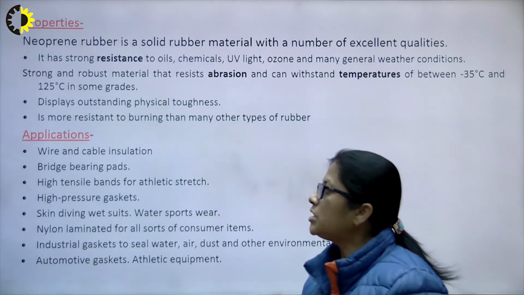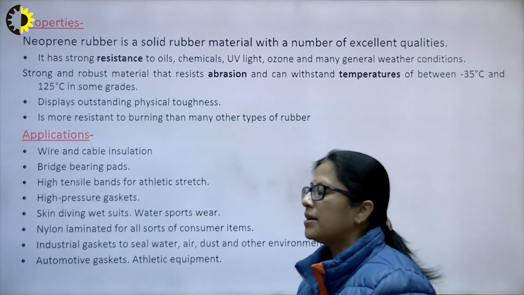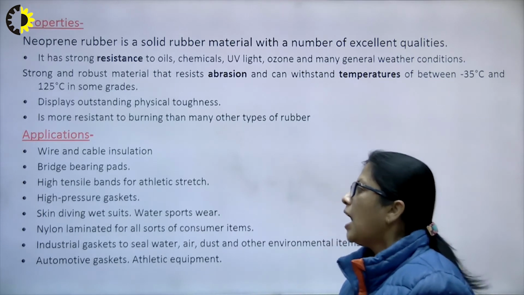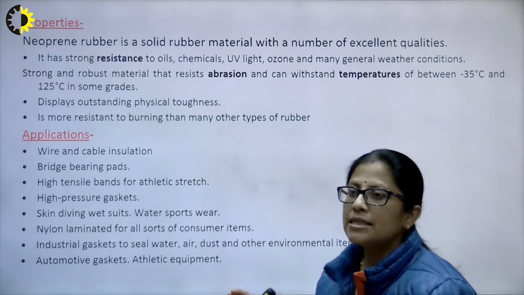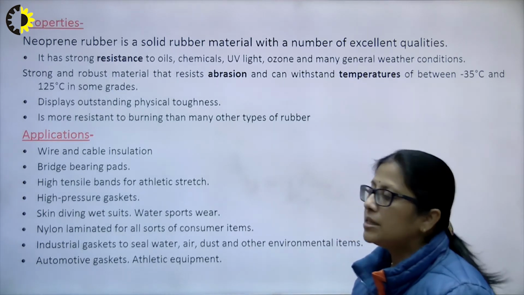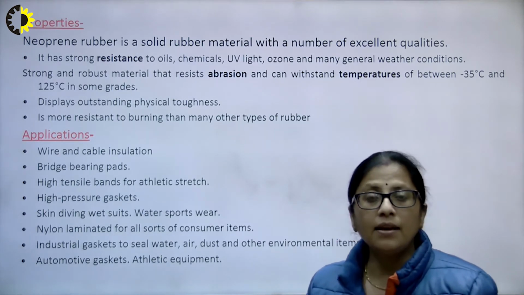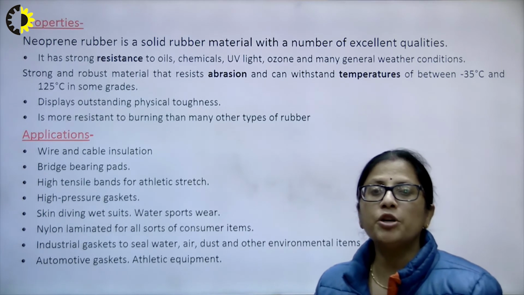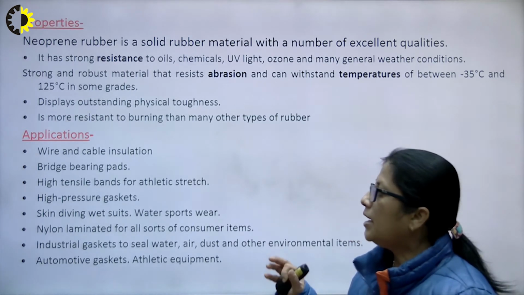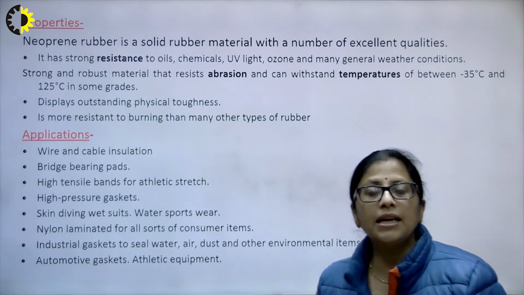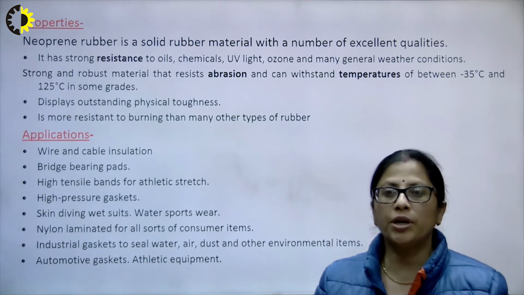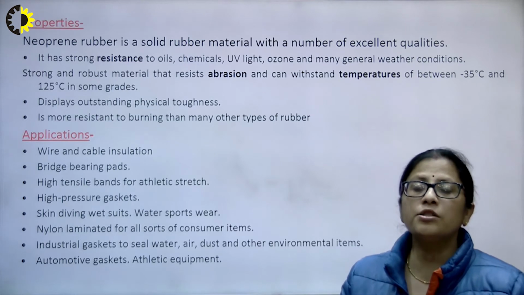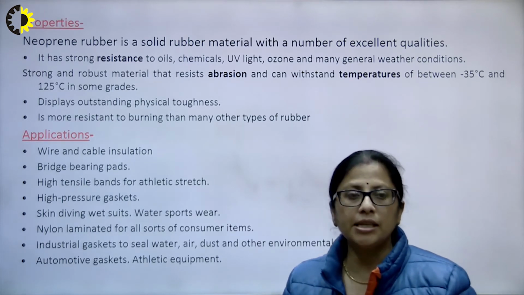Then it is used as bridge bearing pads. It has high tensile strength, so it is used for the preparation of high tensile bands for athletic stretch. Then it is used in high pressure gaskets. Then it is used for skin diving wetsuits in water sports wear, where the water is not absorbed by the material.